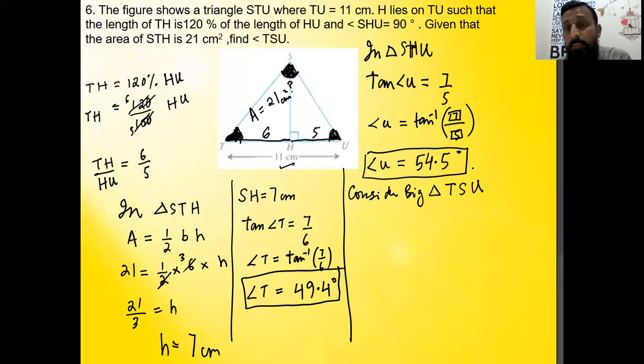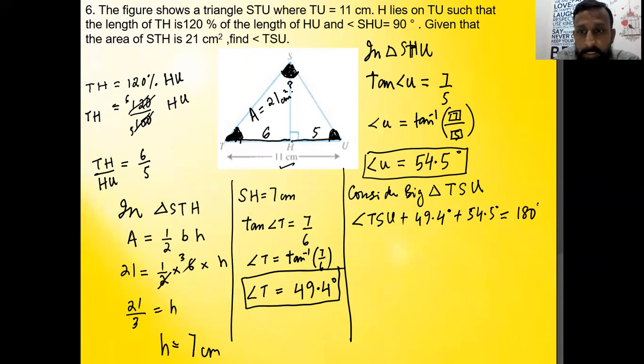The sum of three angles always equals 180 degrees. So boys and girls, angle TSU plus, we just found angle T as 49.4 degrees, also we found angle U as 54.5 degrees, equals 180 degrees, and the reason is the sum of three angles in a triangle equals 180 degrees.